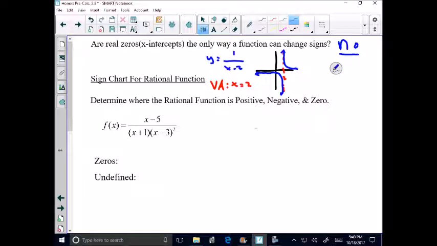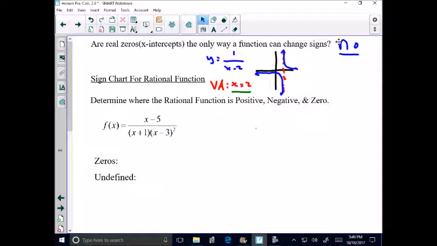So right here, we're seeing our function change signs at the x value of 2, where we have that vertical asymptote.